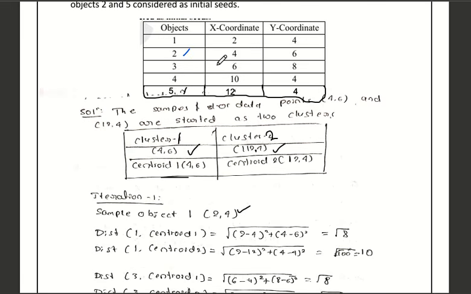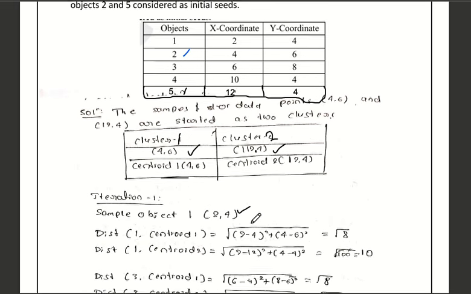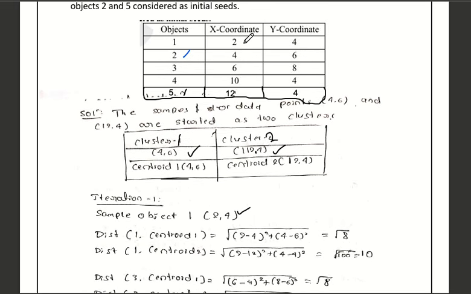So here you need to use the Euclidean formula again, that is the square root of (x2 minus x1) whole square plus (y2 minus y1) whole square. The object values will be x1, y1, and the centroid values here will be x2, y2.